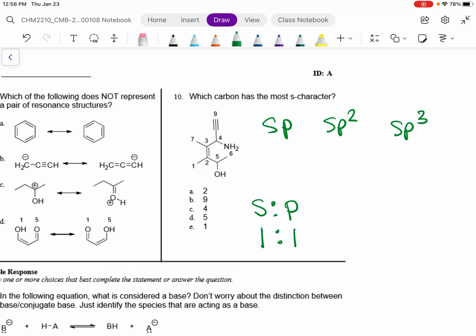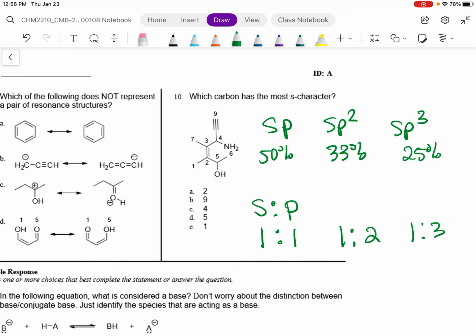So that means we have 50% s character, because it's a 1-to-1 ratio. When we look at the sp2, we have one s and two p's. Okay, so that's a 1/3, or 33%. And then for sp3, 1 and 3. So that's a 1/4. So we have 25% S character in an sp3.